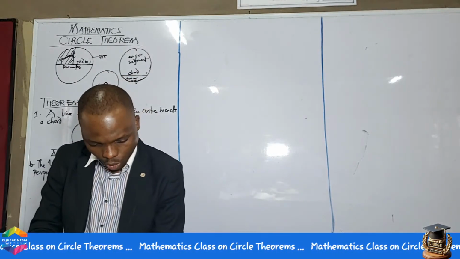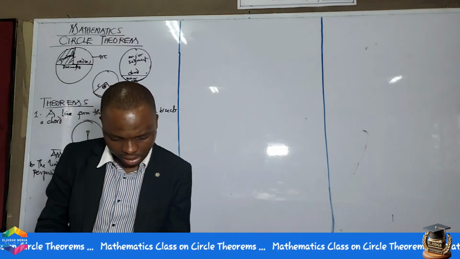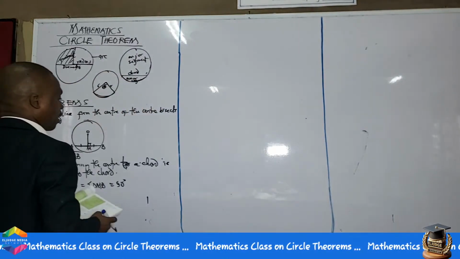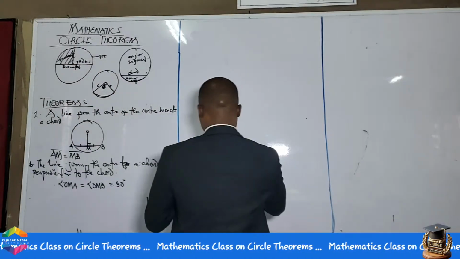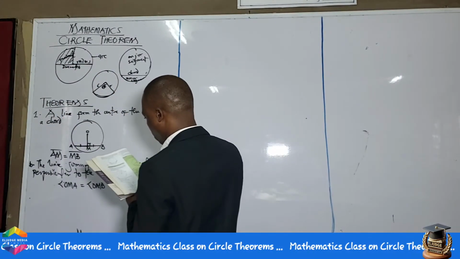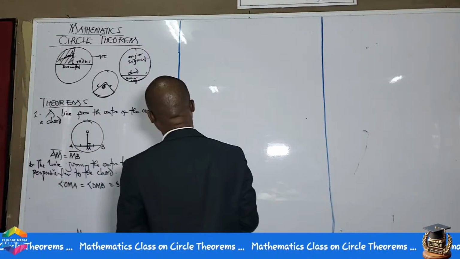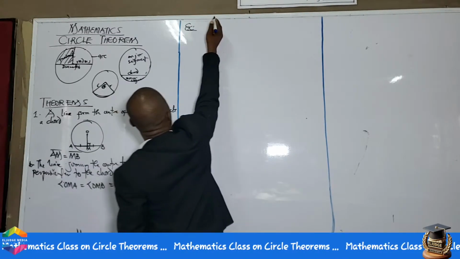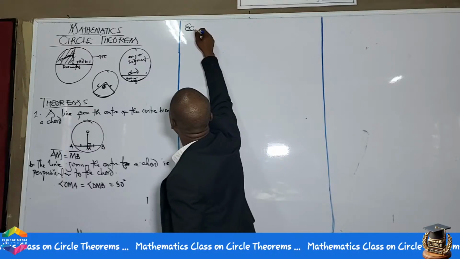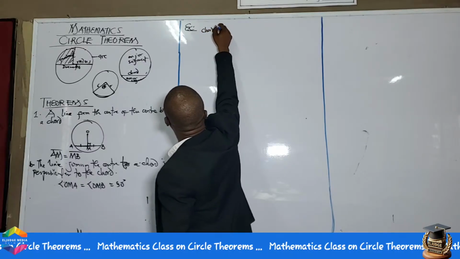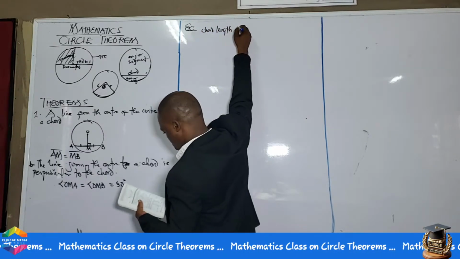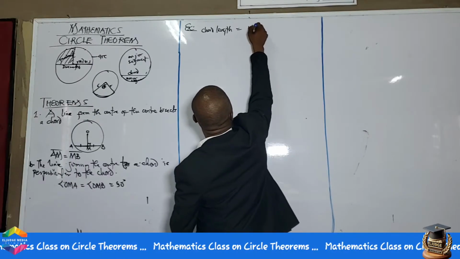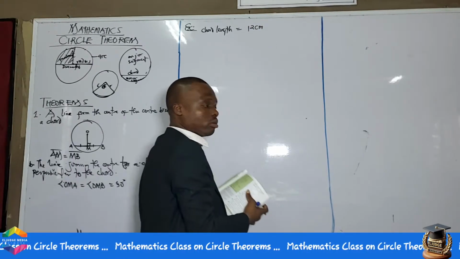Okay, so number one question, let's take this. Example: a chord of a circle is 12 centimeters long.